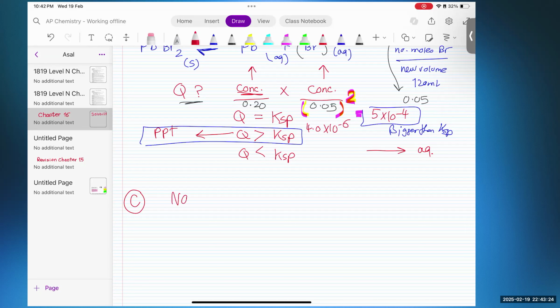When you add sodium bromide to this solution, it will form sodium and bromide. What is the concentration of the solution that you have added? You have added 0.200 moles.